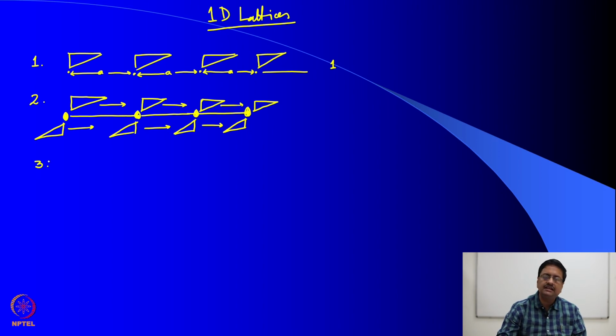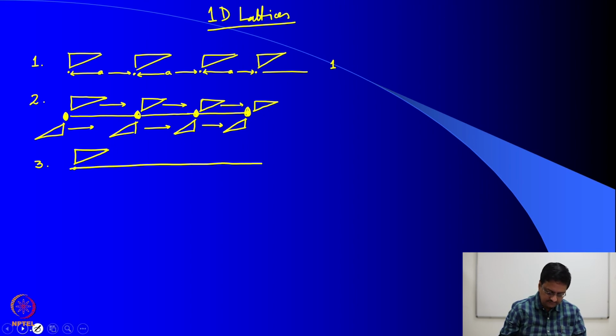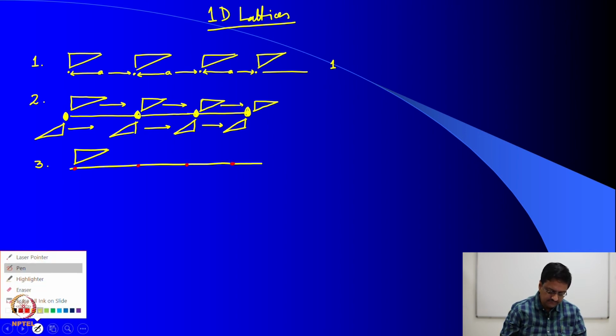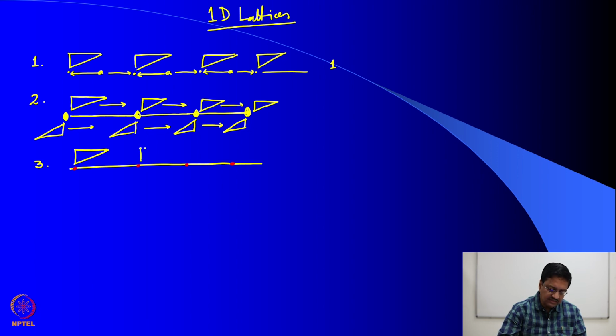The third type of 1D lattice can have a longitudinal mirror. Suppose this is the line of translation, your object is here, and this object has a translational component at this particular distance. As a result, your translation-related objects come at their own places.